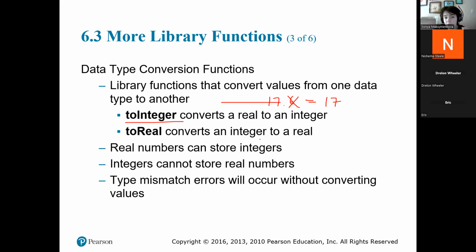So it doesn't round up. The important part, this one does not round up. It just gets rid of your decimal. That's all it does. And toReal will convert your integer to a real. So for example, if we have 17 and you use toReal, it's going to convert it to 17.0. That's all it's going to do.